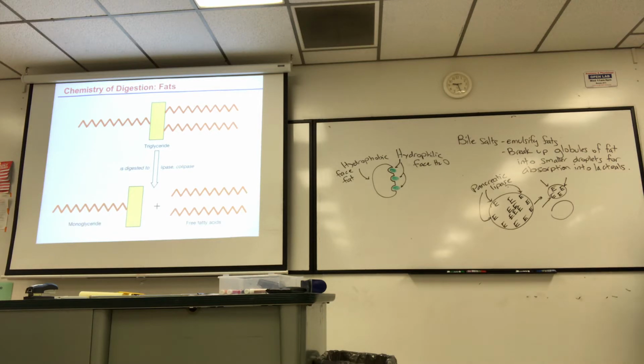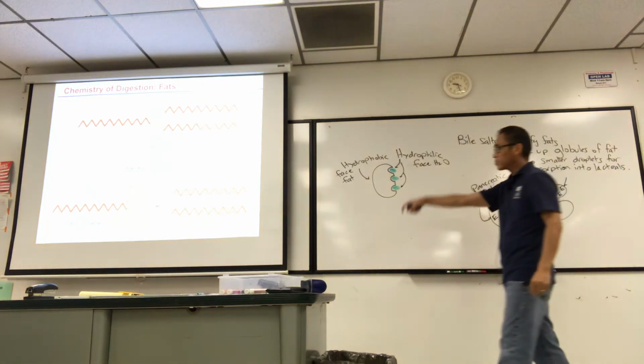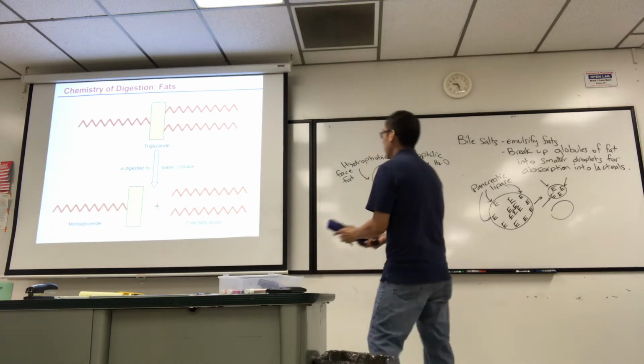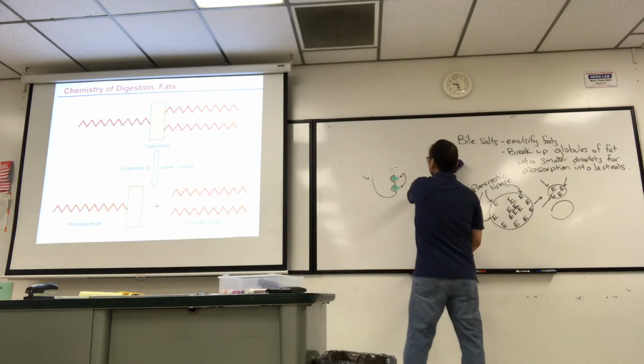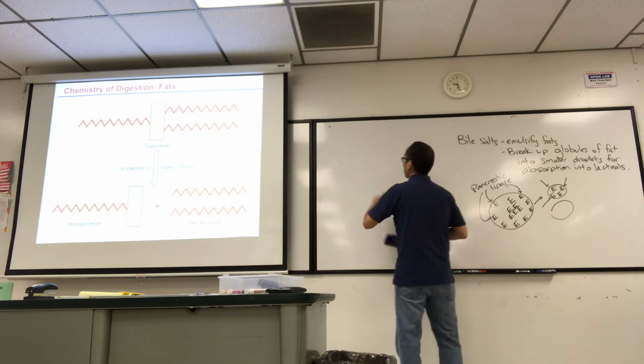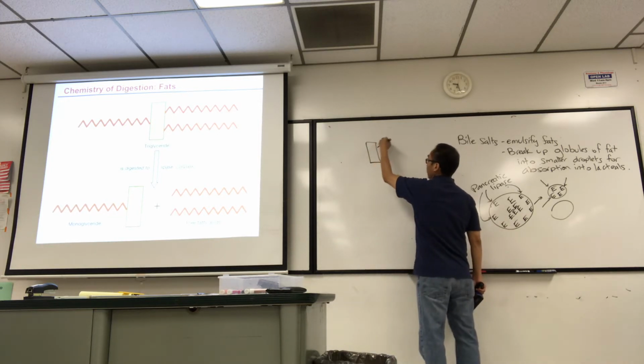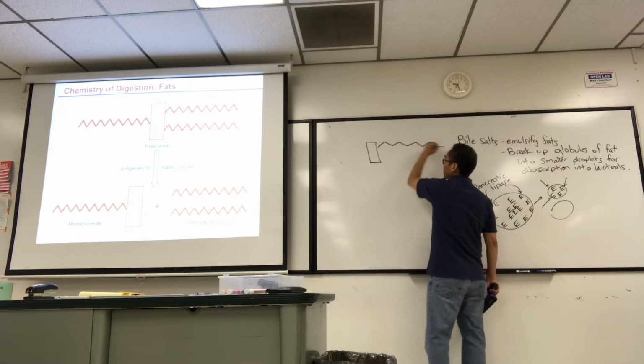But true fat digestion is shown there. Okay, so let me draw the triglyceride like they do. When you burn fat, this is how you do it. So you have that glycerol backbone, and you have these fatty acid chains.